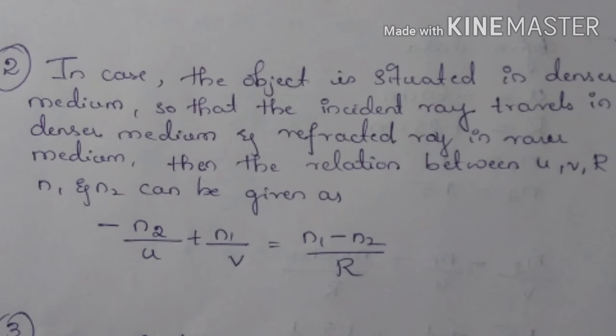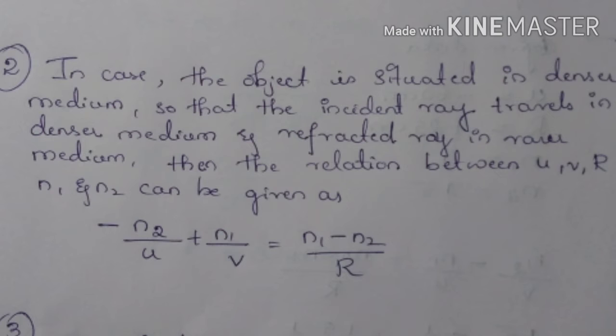Note 2 here is, in case the object is situated in denser medium, so that the incident ray travels in denser medium and the refracted ray travels in rarer medium, then the relation between u, v, r, n1 and n2 can be given as follows. Here the object is situated in denser medium and the image will be formed in the rarer medium.